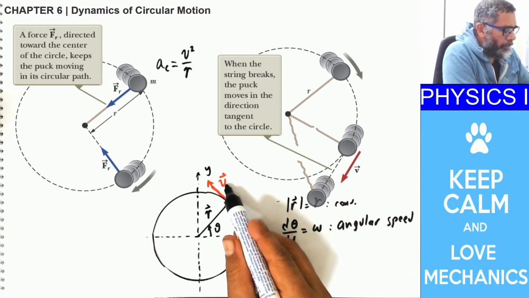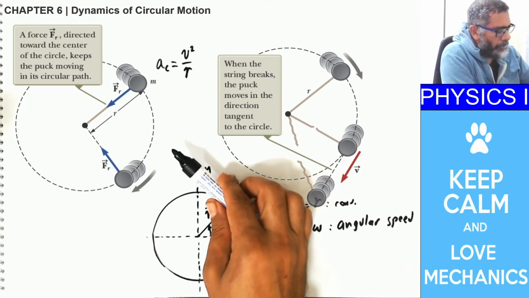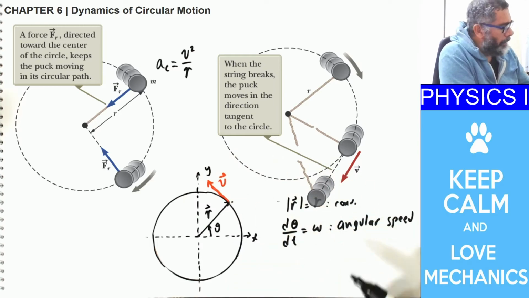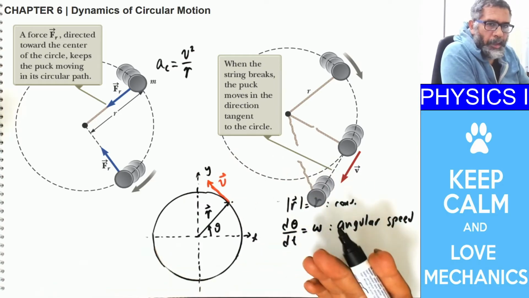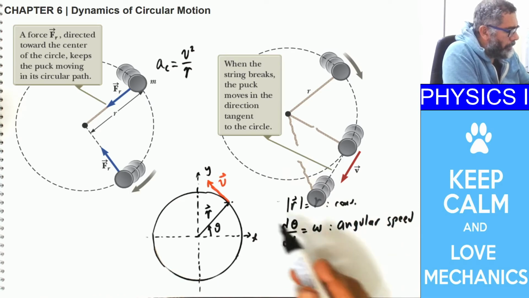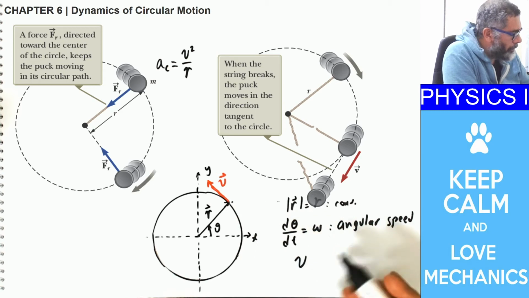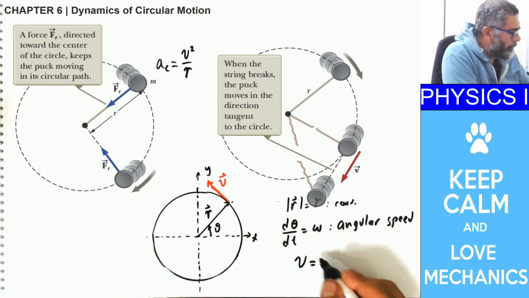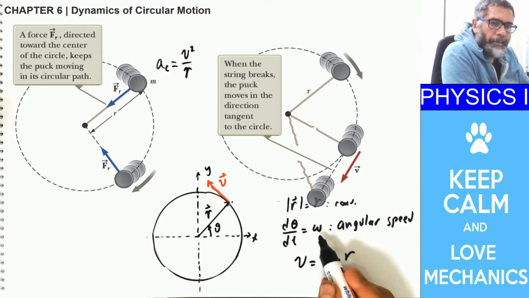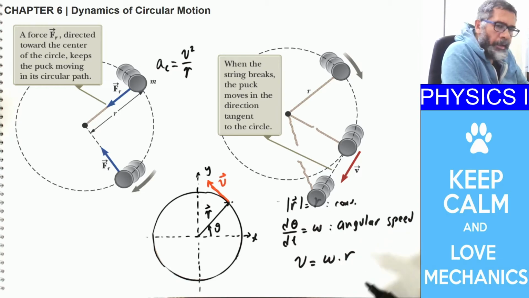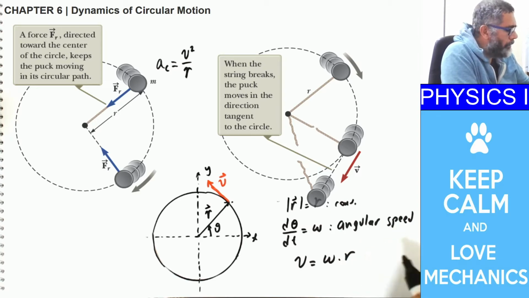The magnitude of v is fixed. Of course, the vector is going to change, but the speed is not going to change. And we have just discovered that there's a relation between v and r. v, being the speed of the circumferential velocity, is always equal to omega times r. Omega, the angular speed, is taken in units of radian per second.